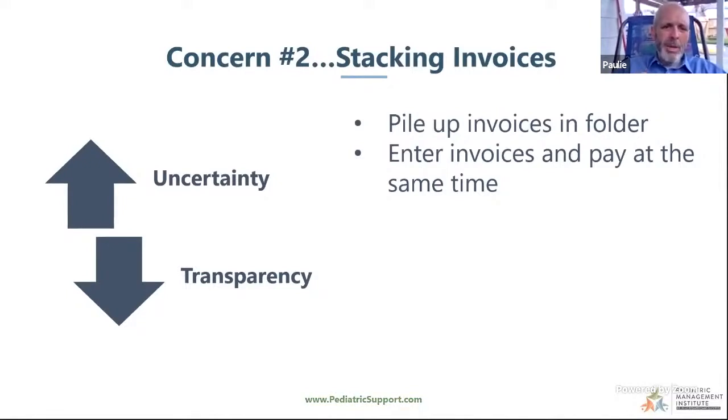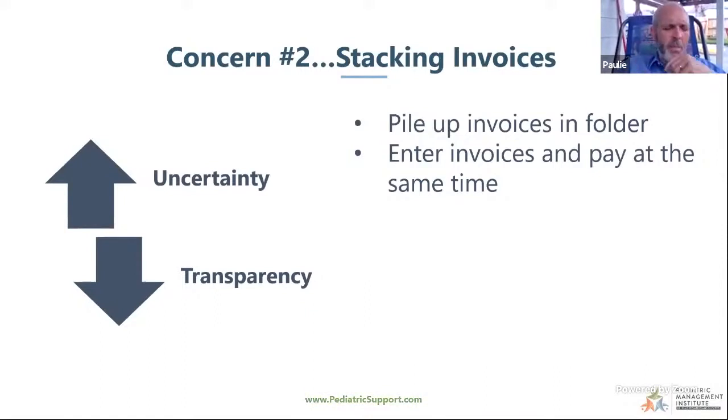So what we encourage practices to do is, as the invoices come in, go ahead and enter it, even though it's not due for another 30 days. Enter it and set a due date. Then by looking at a certain report within the accounts payable system, you can see, I have to pay out $50,000 in the next 2 months or what have you.